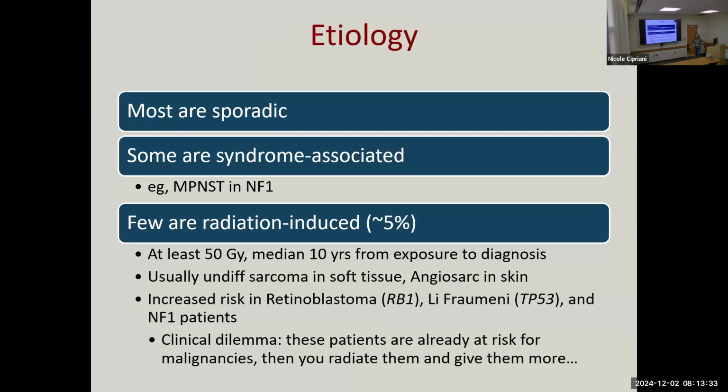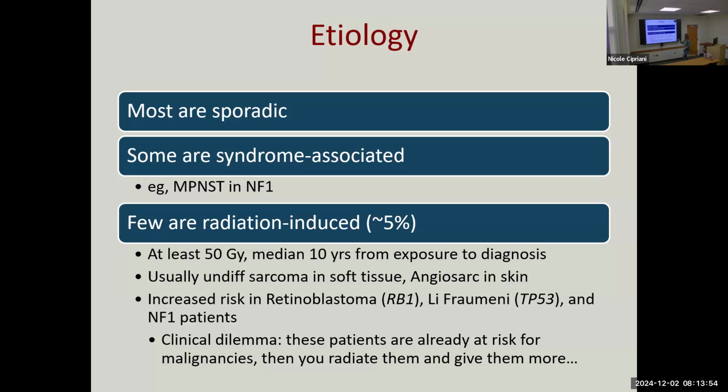All right, most are sporadic, fine. Some are syndrome associated. Few are radiation induced. Every part of the body that can get a tumor, people can get radiated for tumor. And what can happen after radiation, of course, they can develop another tumor, right?